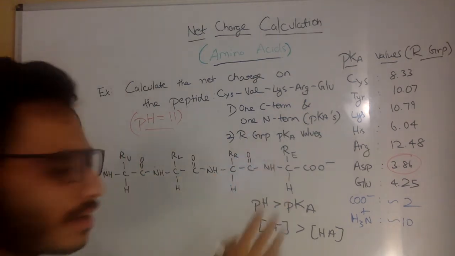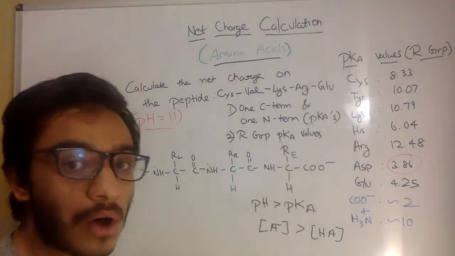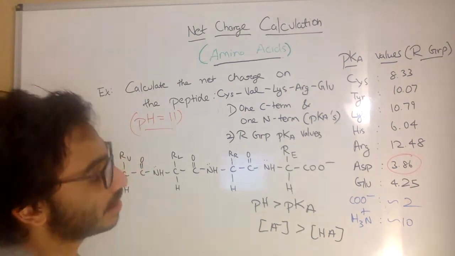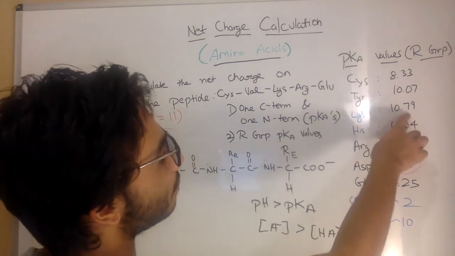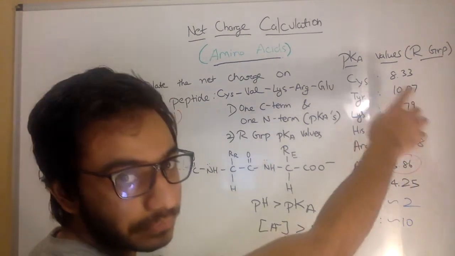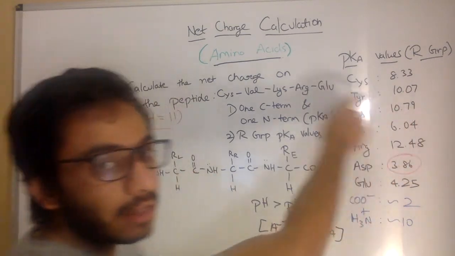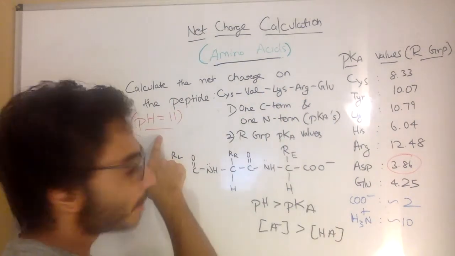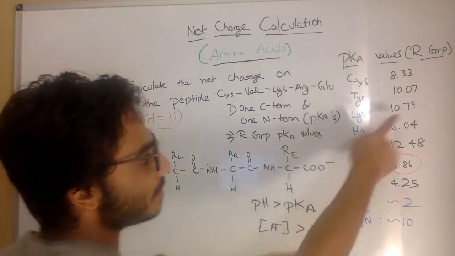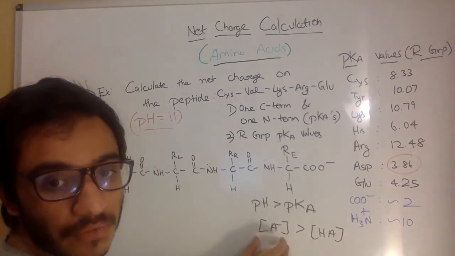Valine we don't need to consider. Lysine now, let's see what lysine will be. Lysine has a pKa of 10.79. Now this is also smaller than the pH 11, right? So pH is greater than the pKa for lysine, so we'll again have a deprotonated form.